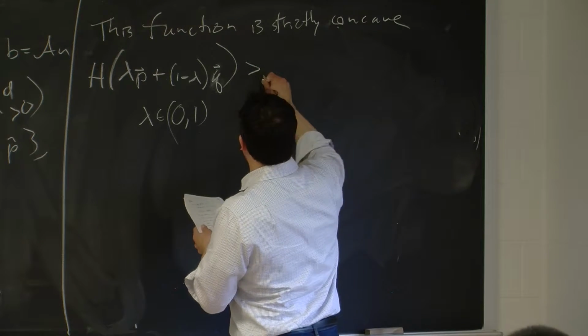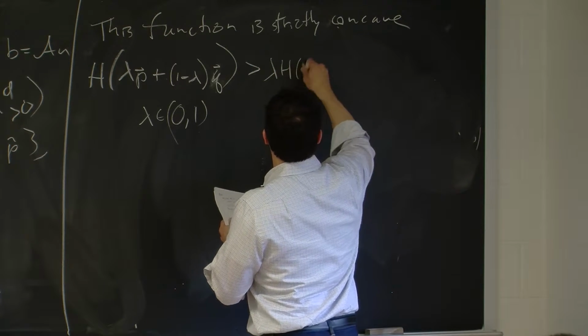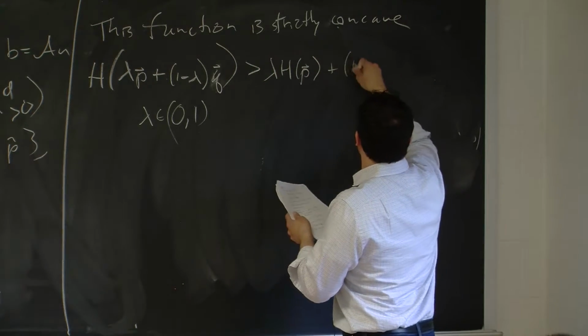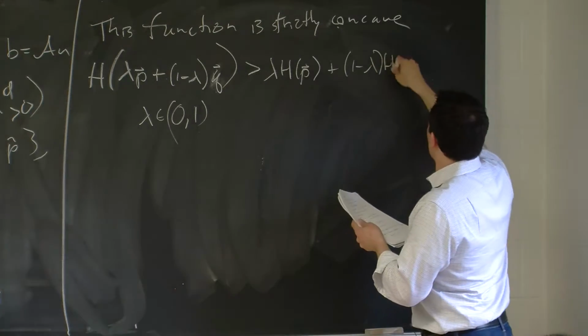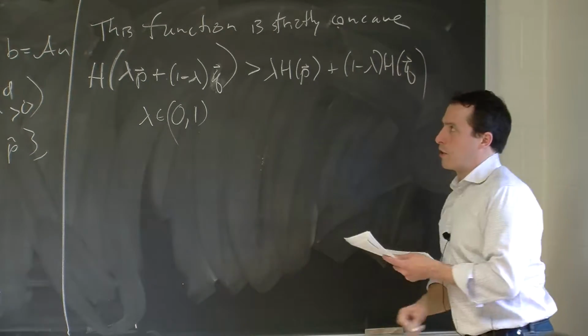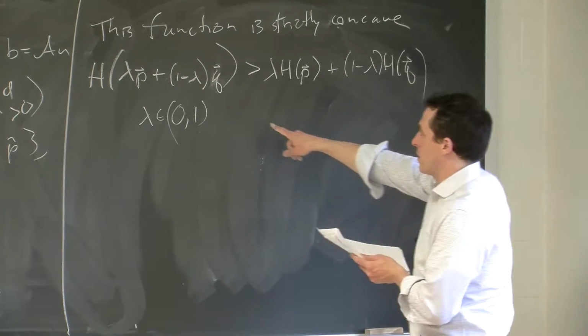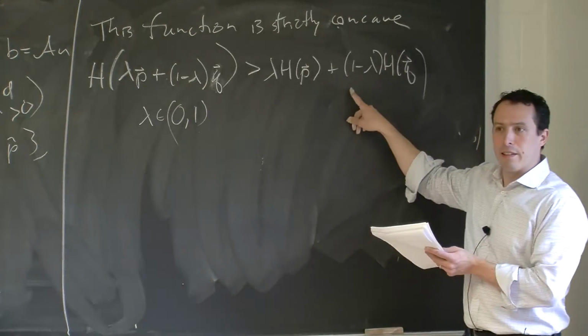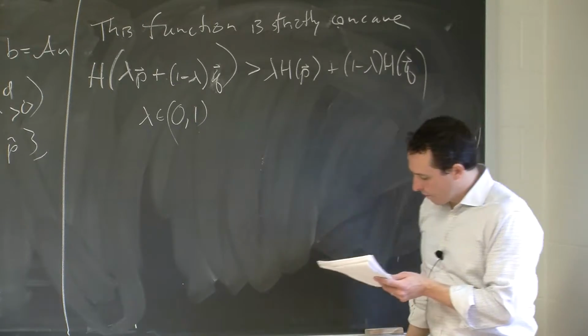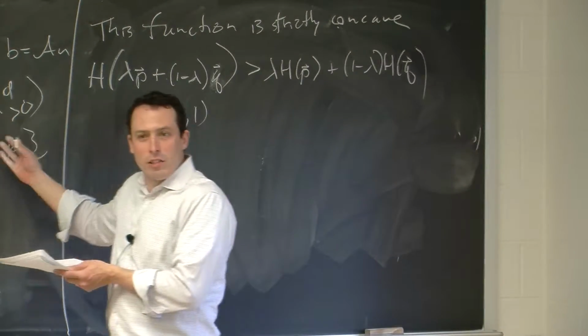So it's strictly concave. That's greater than lambda H of p plus 1 minus lambda H of q. So I'm giving two probability distributions, the entropy of their mixture is greater than the entropy of either. It's maximized at the uniform distribution.